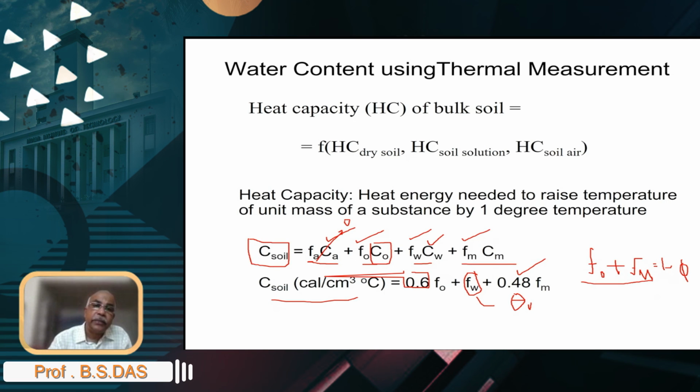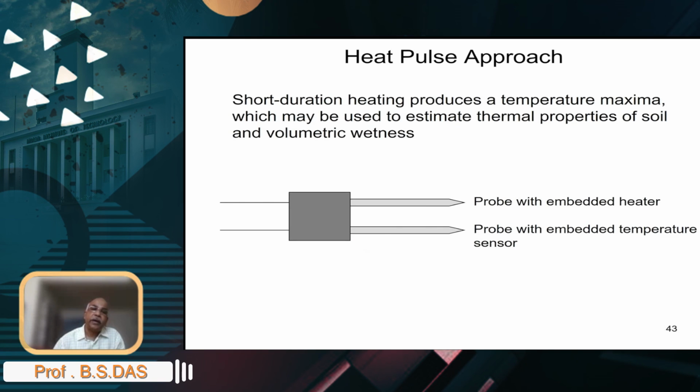Again, this is a very easy method. The way it is done is, you have a heating element inside one of the probes. You have some kind of a temperature sensor here, and so basically you do the heating up here, and upon heating, heat energy would radially move from the heater towards the temperature sensor through the soil.